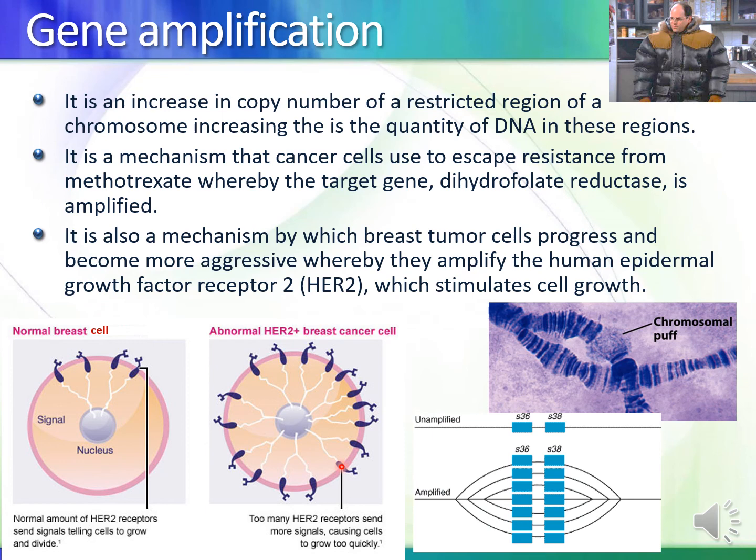So if a woman comes with breast cancer, and we check this breast cancer and we see that there is amplification of the HER2 gene, these women are given a drug that targets the HER2 gene, and this is a type of treatment of this cancer.